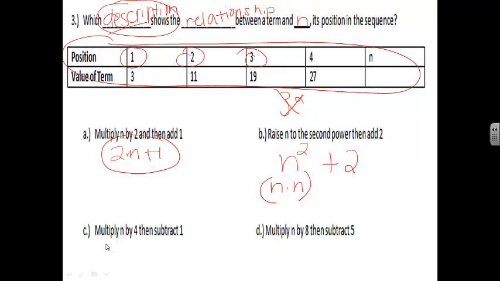Multiply n by 4, so just like this one, it would be 4 times n, and then subtract 1. Okay, and then this would be my rule to see if it matches these values, okay? Multiply n by 8. So 8 times n, subtract 5. Okay? So then this is another way to see it.